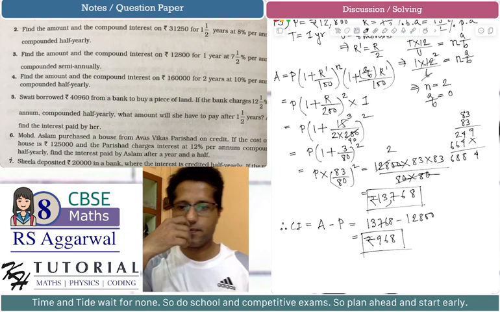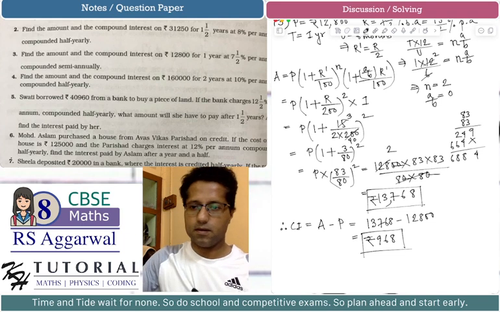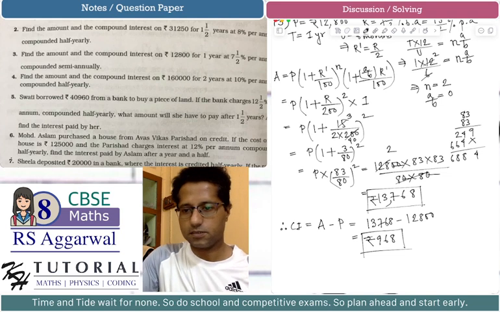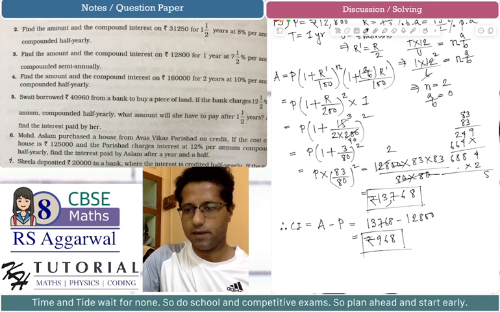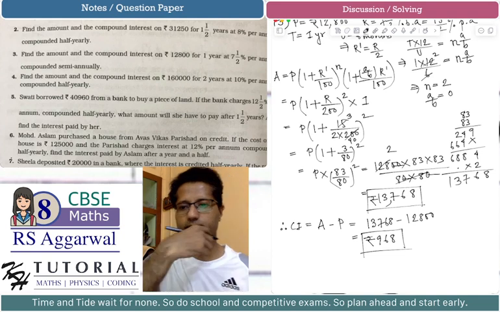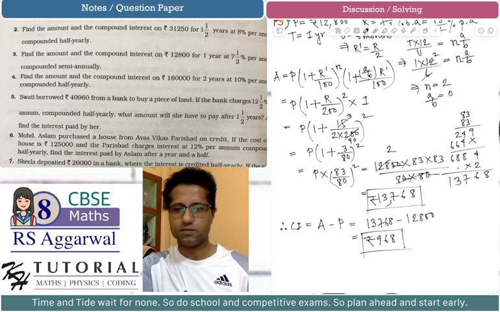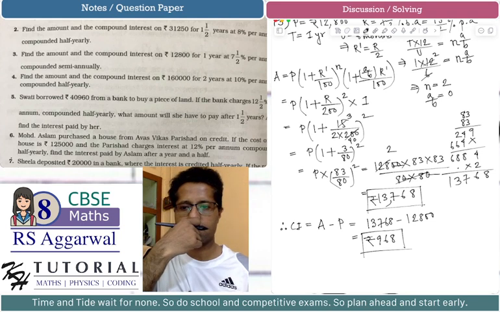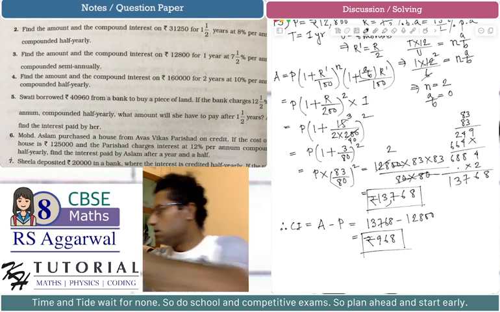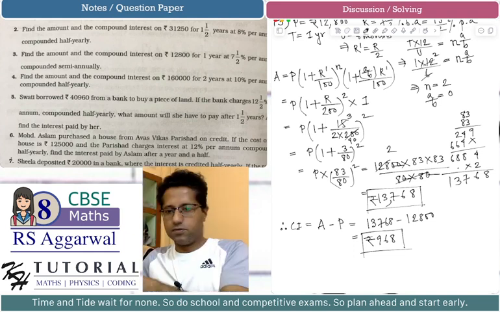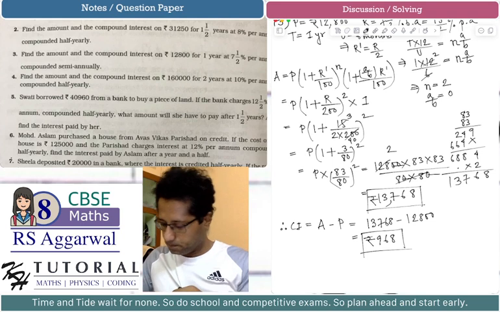What is wrong? 6884 multiplied by 2 is 13768. How come the amount is 13778?